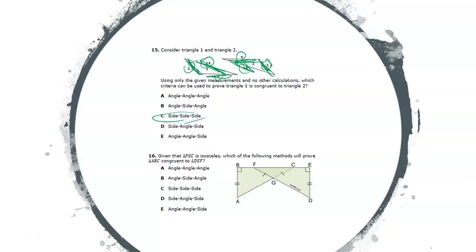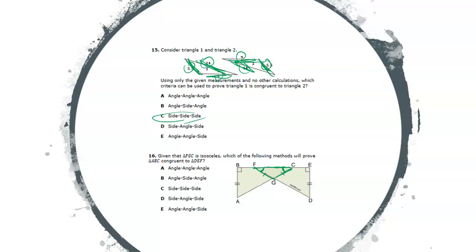16. Given that triangle FGC, so F to G to C, this little triangle, is isosceles, which means two of the angles are the same. Okay, so it's going to be this one and this one are the same.